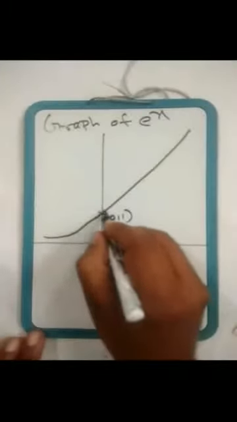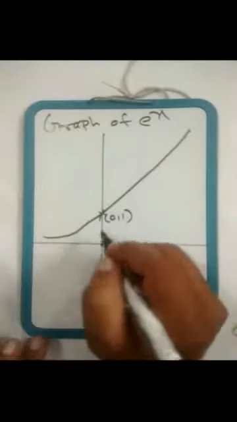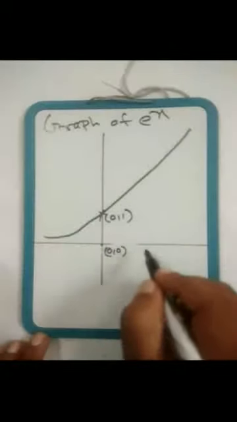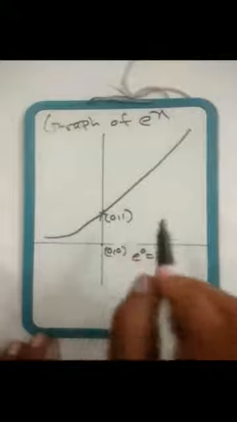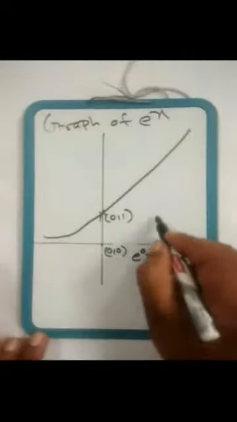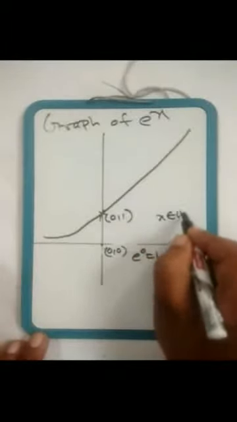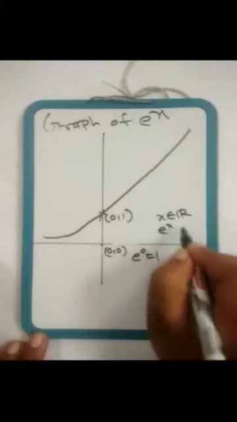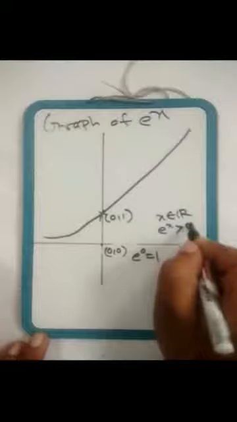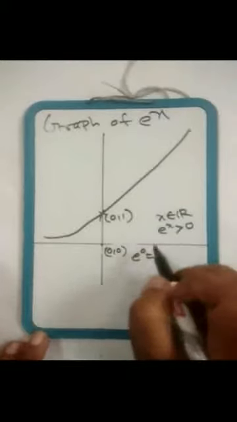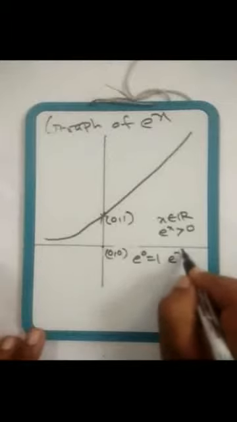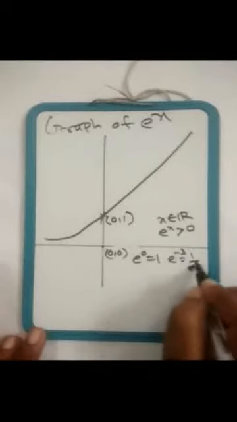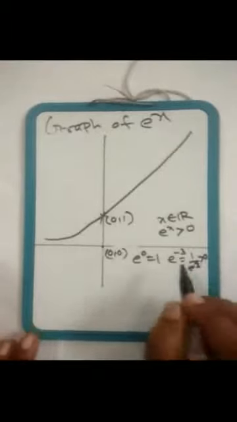So you have a point somewhere here. e raised to 0 is equal to 1, which is this point. No matter what, if you take any x belonging to the real numbers, e raised to x is always strictly greater than 0. It's never negative, because e raised to minus 3, for example, would be 1 upon e raised to 3, which is greater than 0. So this is the graph.